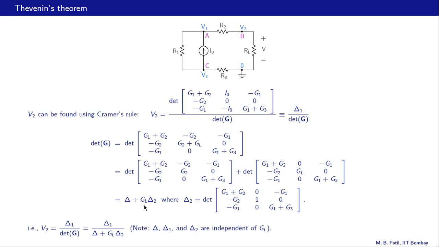So with these substitutions, we can write V2 as delta 1 divided by the determinant of G, that is delta 1 divided by delta plus GL delta 2, where delta, delta 1, delta 2 are all independent of GL. So the only dependence of V2 on GL is right there.